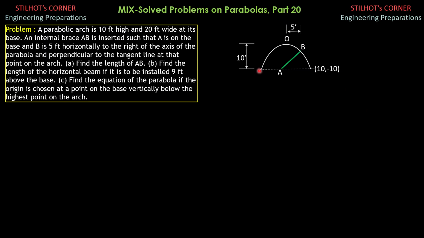Likewise, the coordinates of this point, though not important, is negative 10 comma negative 10. So this is 5 feet. We need to solve for YB.